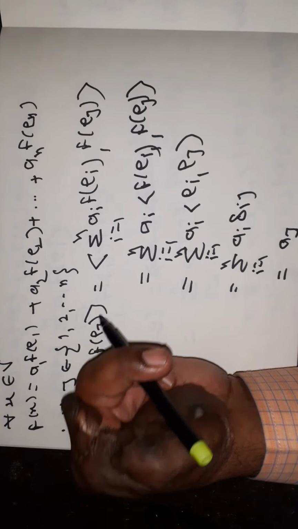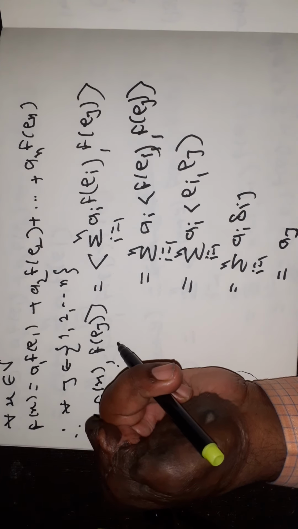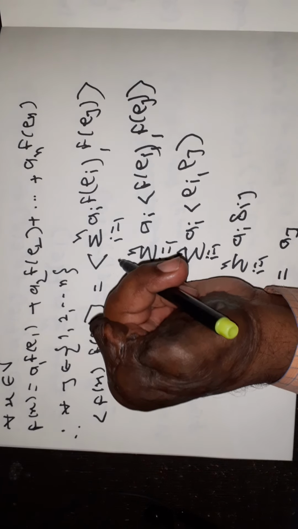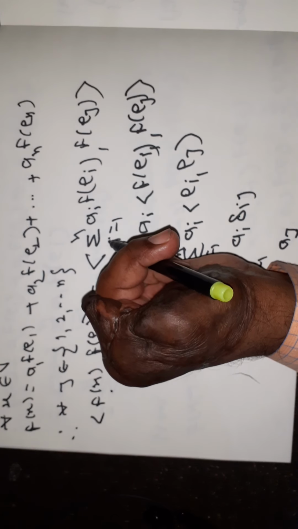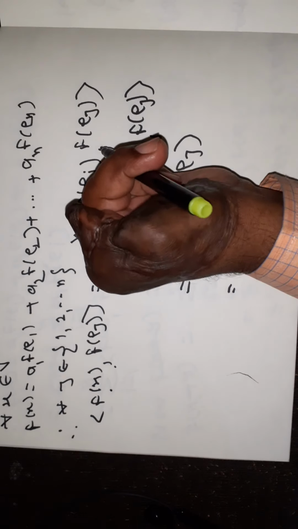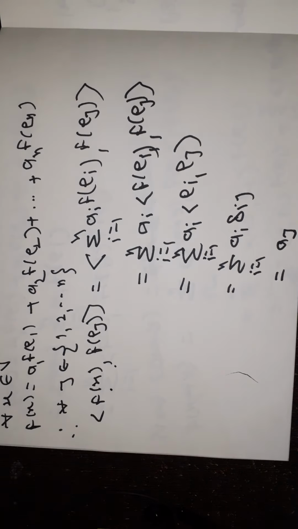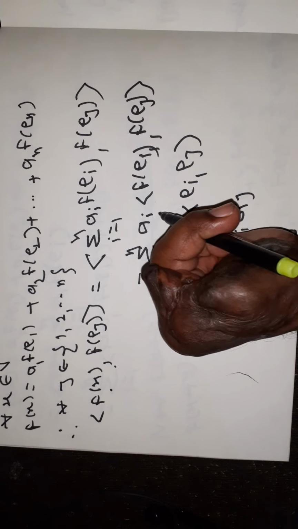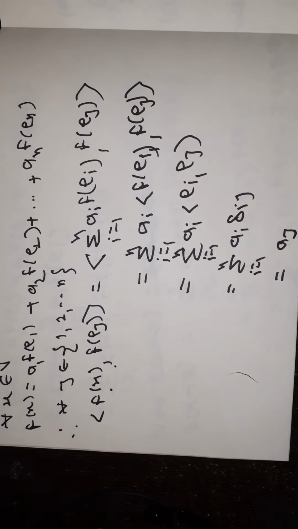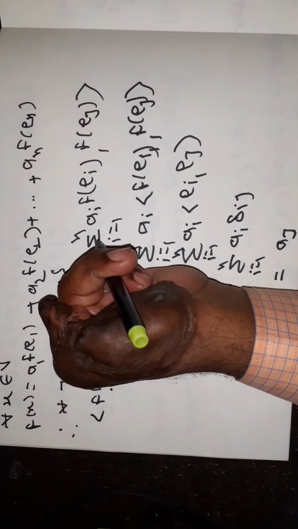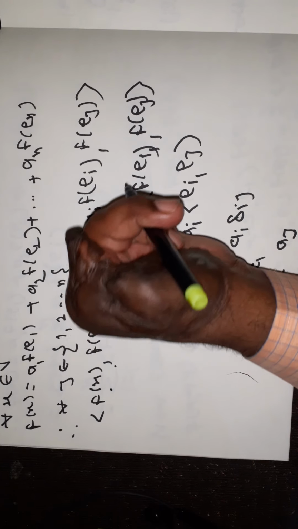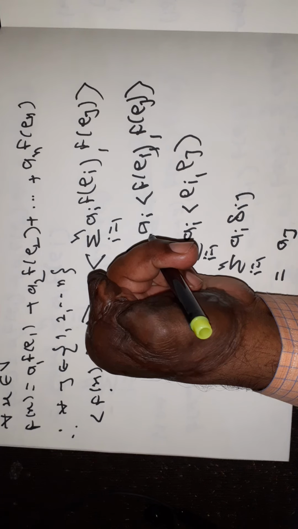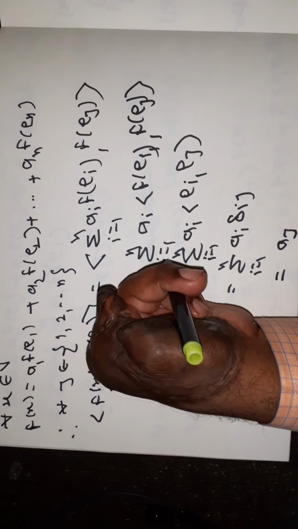Now for all j from 1 to n, the inner product of f(x) and f(ej) is equal to the inner product of sum ai f(ei), i goes from 1 to n, with f(ej), which is equal to sum ai times the inner product of f(ei) and f(ej).